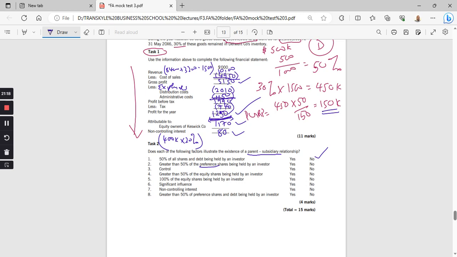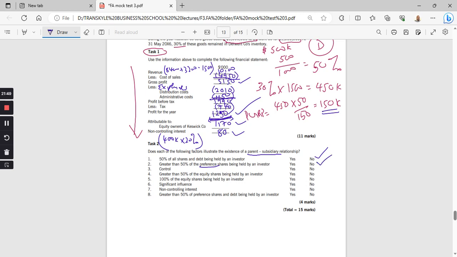If they are not, then they may be considered as equity. So the examiner is not specific there. If that clarity is not given, please just consider them as a red herring. The statement is not clear, so it is safe to say no.